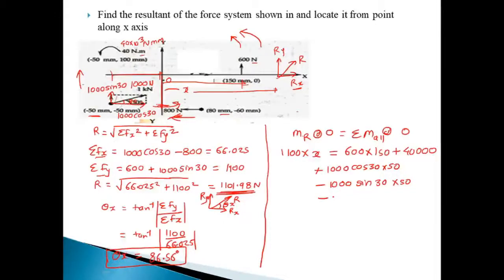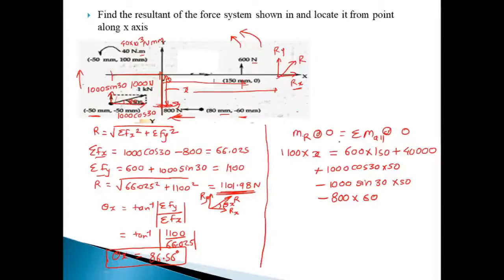Negative 800, the magnitude of the force, into the perpendicular distance between the force and point O. This is the y distance, which is 60.